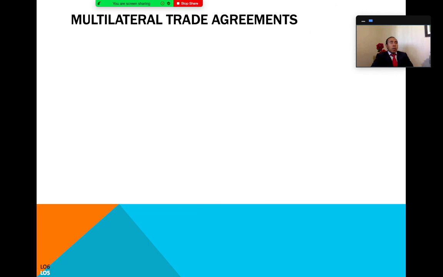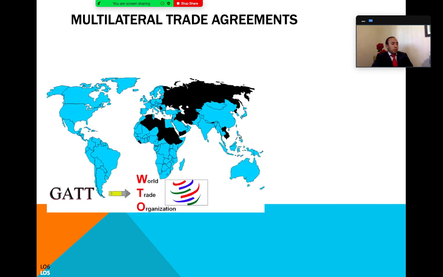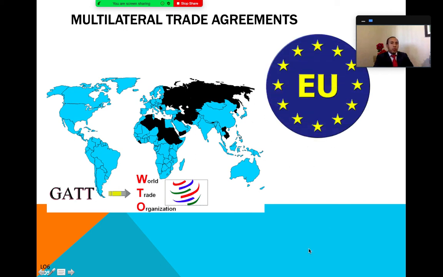Now, what are some well-known multilateral agreements across the world? Well, the General Agreement on Tariffs and Trade, GATT, became the World Trade Organization that is responsible to monitor, adjudicate, and resolve trade disputes among the member nations in the world. We have the European Union, which consists of European economies under one common currency, the euro.